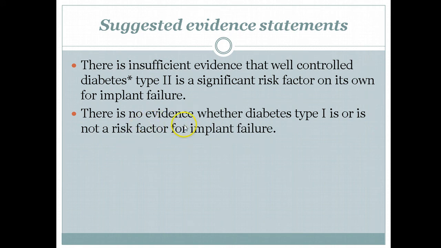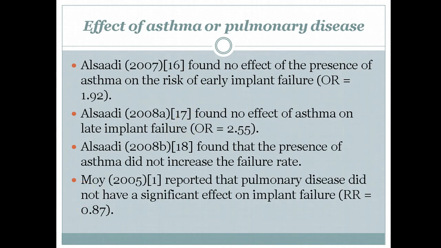There is also no evidence whether type 1 diabetes is or is not a risk factor. So for us, we're not making a conclusion either way when it comes to type 1. But for type 2, if the patient is controlled and the only condition they have is type 2 diabetes, we don't find that as a contraindication and the risk is low.